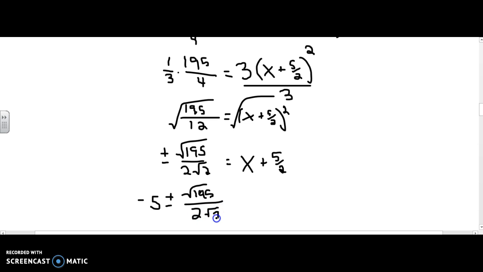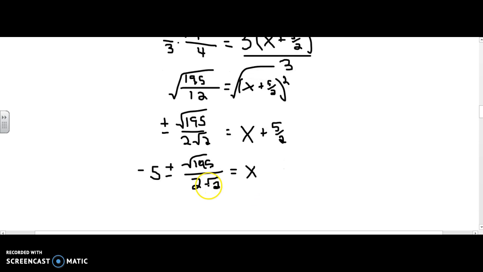Now, this answer is actually not really acceptable because we have a radical in the denominator. And hopefully you guys know that radicals in denominators are a no-no. So, in order to fix this problem, we're going to have to rationalize our denominator, everybody's favorite thing to do. Basically, I'm going to multiply the bottom and the top by root 2 in order to get rid of this radical.